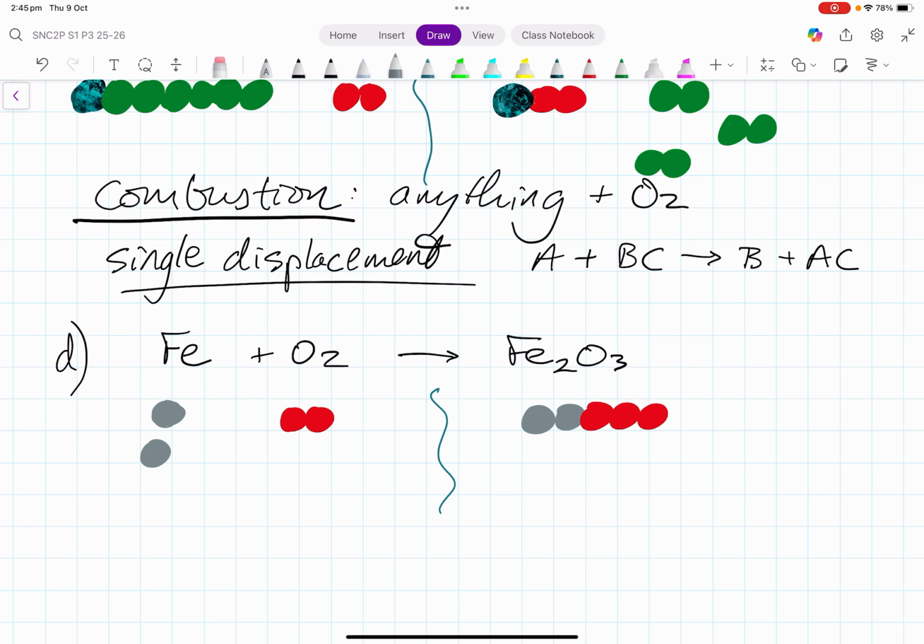But that doesn't look right. I need some more oxygens. And the lowest common number between 2 and 3 is 6. You see? So that means I need another unit of iron oxide, iron 3 oxide it's actually called. So now I can say 2, I think we're good. Yeah, there we are.